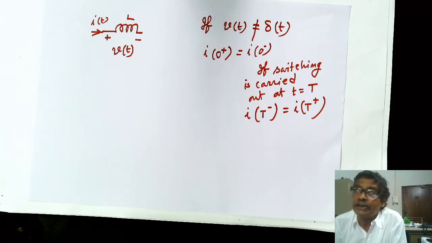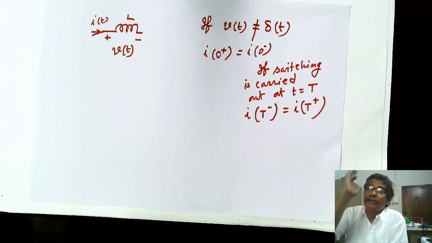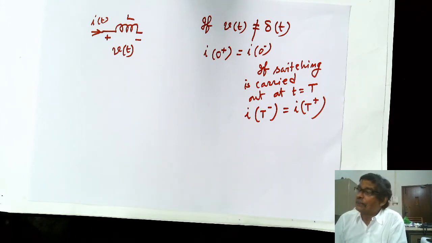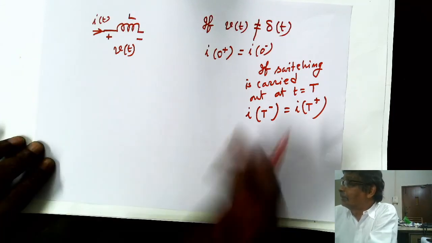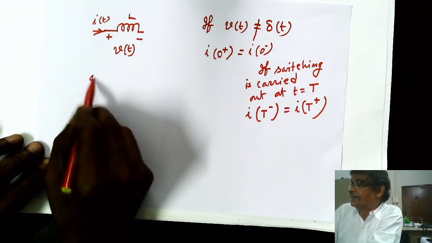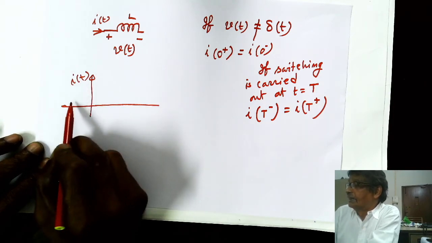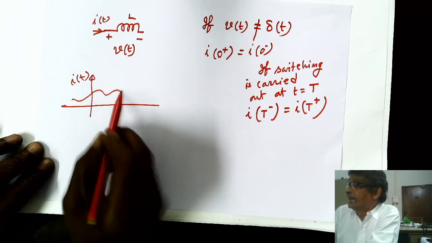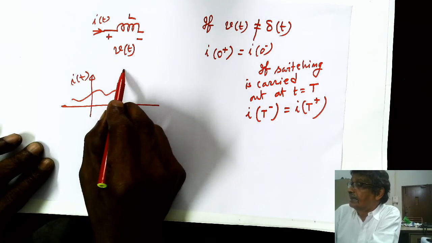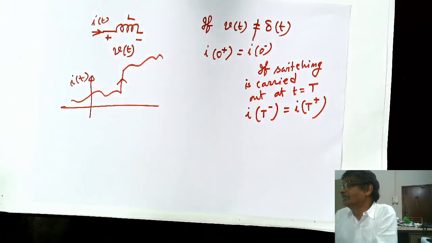It cannot have a steep rise, like a vertical shoot up of current. If somebody says he has drawn current without any impulse applied, and this is the current he has got through an inductor, flowing like this, then this, then this, is he talking sense? I will say nonsense.